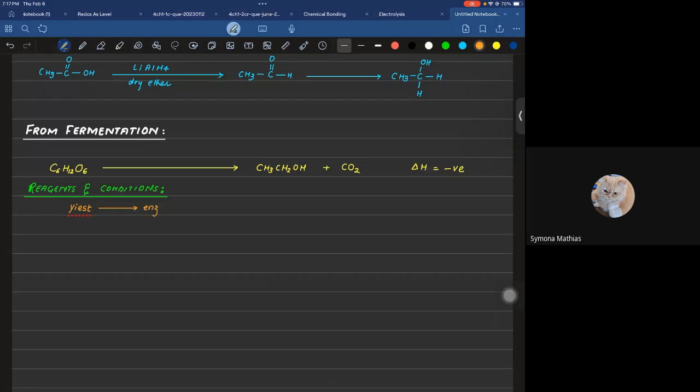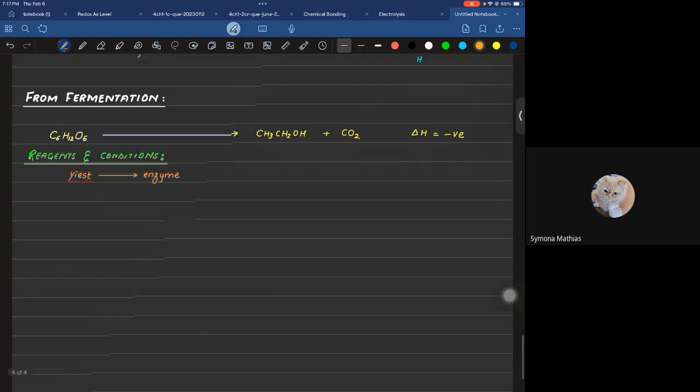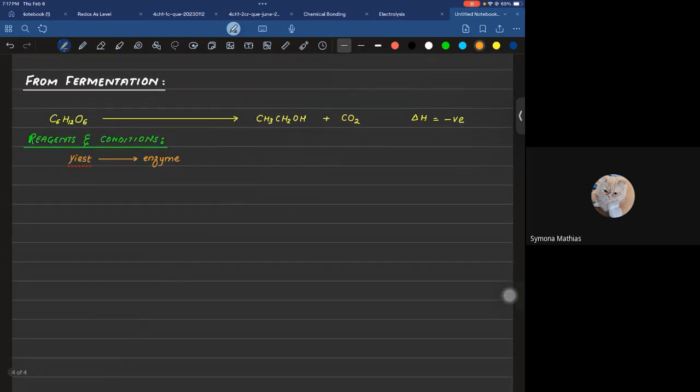And enzymes are living organisms, so they need some special conditions, like a mild temperature. Let's suppose if you provide more than 35 degrees Celsius, the enzyme would die. It would not work. So if the enzyme dies, your reaction would be slower, because it would not be acting as a catalyst.